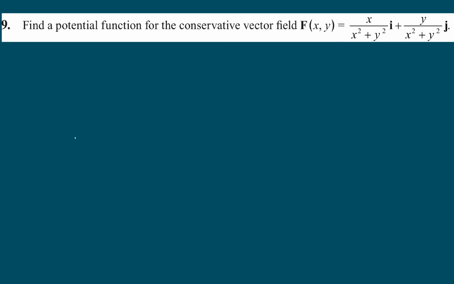Now we do this problem. Find a potential function for the conservative vector field. So the field is conservative. How can we check that the field is conservative? Well, the derivative of the y component of the vector field with respect to x should be equal to the derivative of the x component with respect to y.